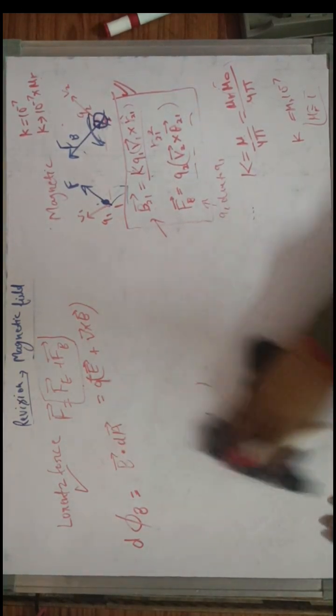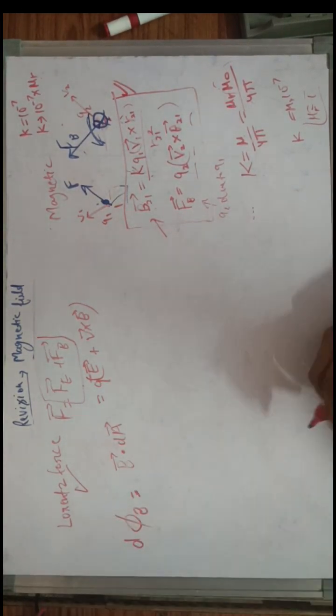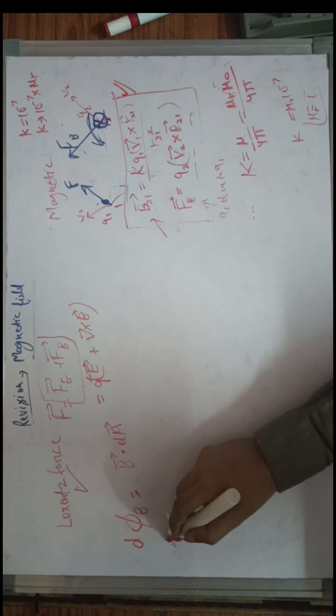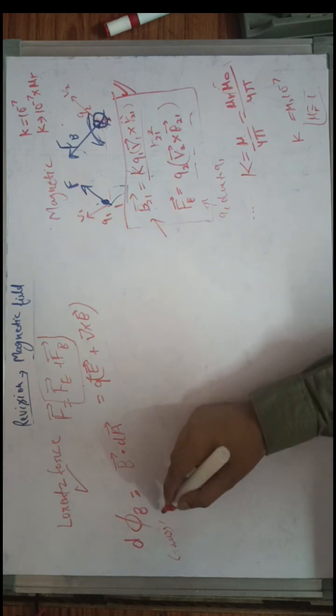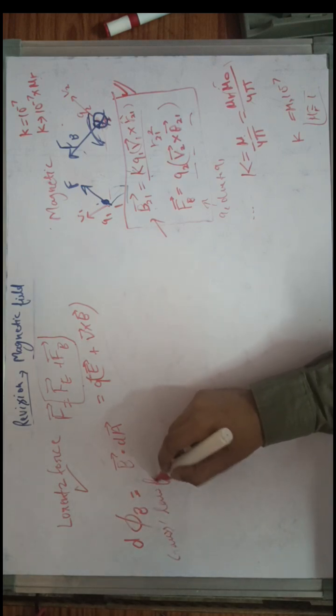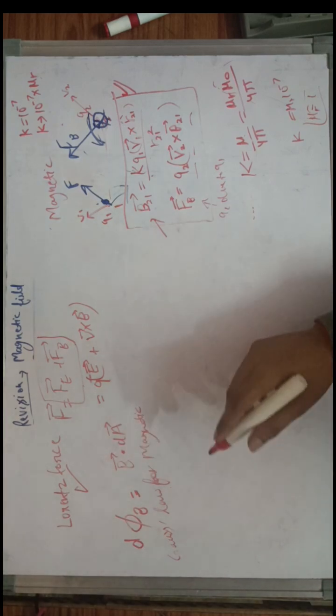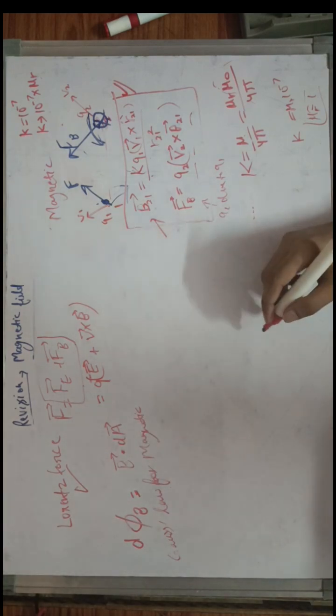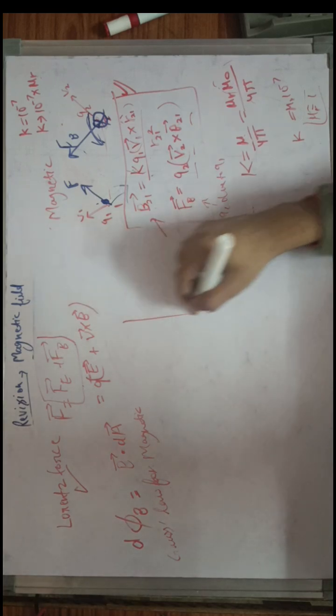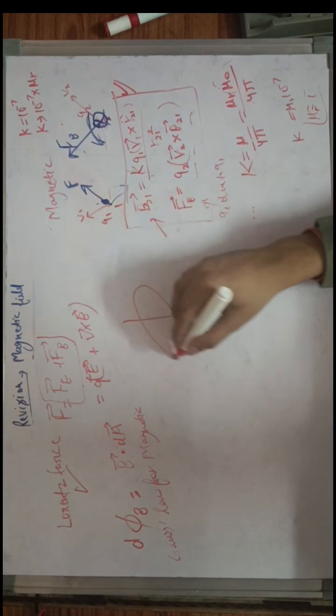And there is one Gauss law for magnetic field. This next term is Gauss law for magnetic field. Before telling this, we have to understand one thing: the magnetic field lines always come in loops.